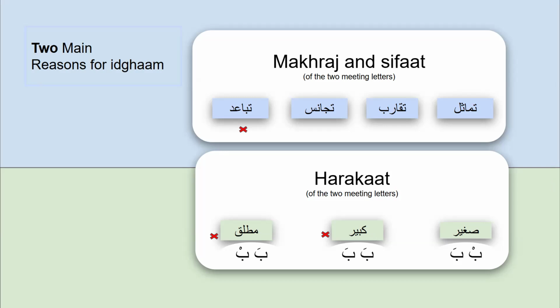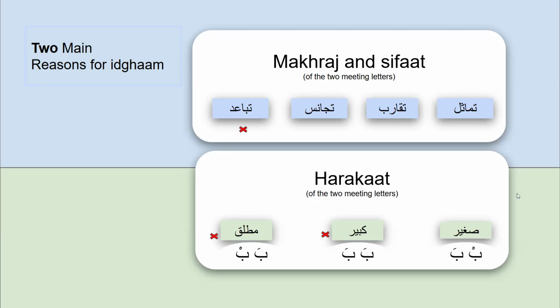As an usul, Imam Hafs does idgham in a saghir relationship only. So no kabir, no mutlaq, just saghir. Means the first letter has to be sakin, the second one has to be mutaharrik. In this situation, Imam Hafs would do idgham.